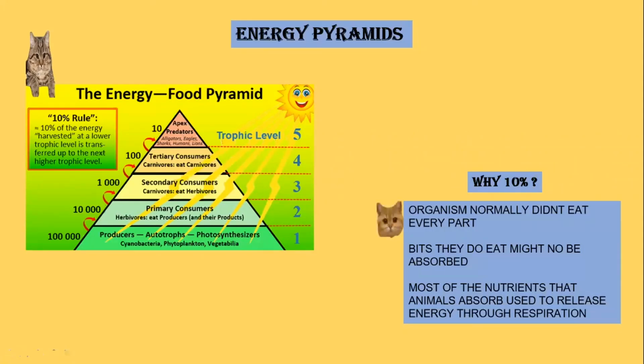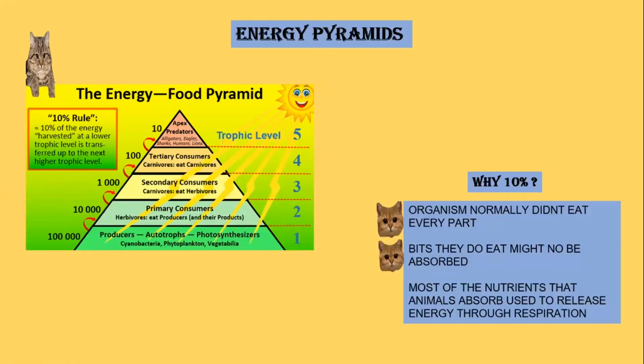Why 10%? This is because organisms normally don't eat every part of the food that they eat. For example, an eagle eats snakes. They don't eat the skeleton part. The next reason is that the bits they do eat might not be absorbed.